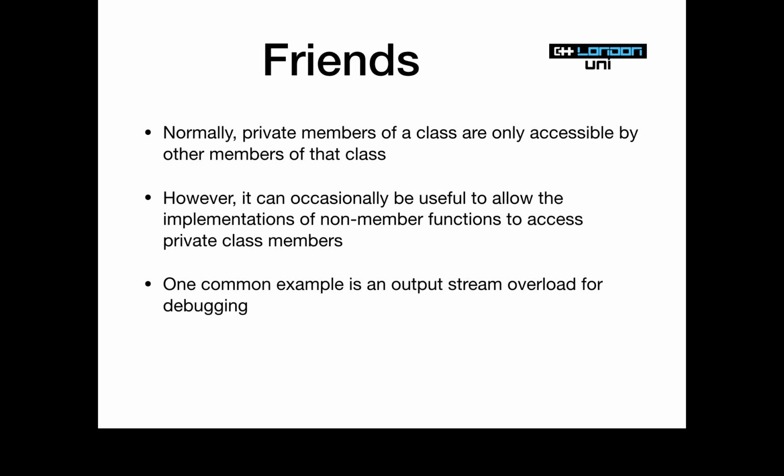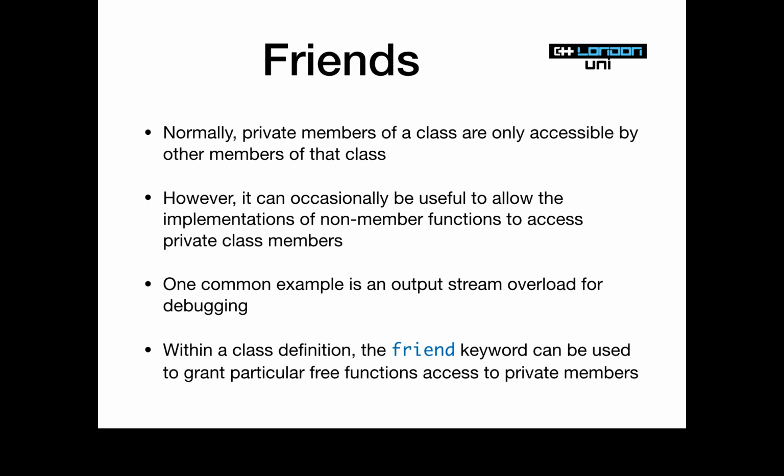So very commonly, if you remember, whenever we write an output stream overload, we need to make it a free function, not a member function. But for debugging, we often want to be able to print out the value of our private variables, right? Just for debugging purposes. And if it needs to access your private member variables, well, that's going to be a bit of a problem. How do we do it? And the answer is by using this keyword friend.